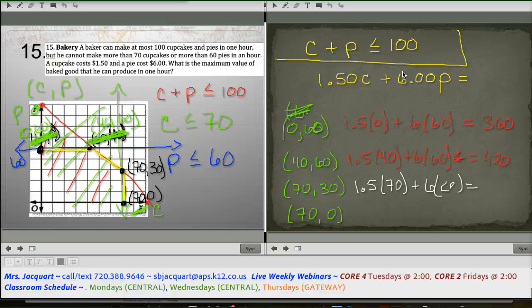So 1.5 times 70 plus 6 times 30 equals 285.